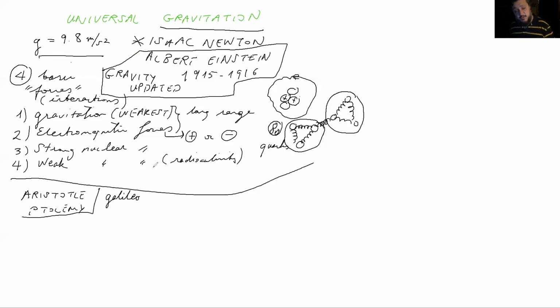But it was Newton who connected this idea to the motion of heavenly bodies. And that's where the success is. So the first consistent and successful theory of gravitation, why objects fall, is due to Isaac Newton.